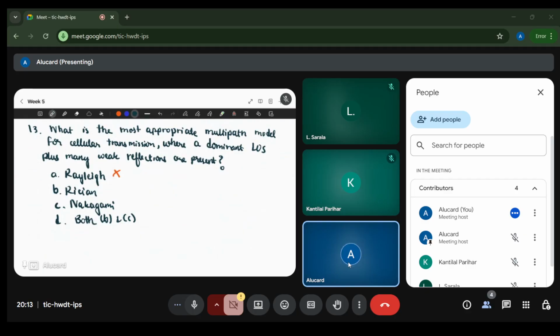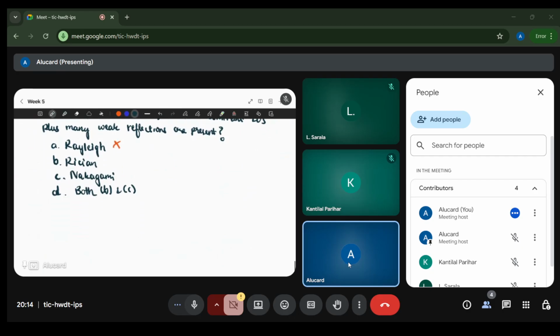Are there any restrictions on the line of sight component for Rician and Nakagami, or is it okay if the line of sight component is the dominant component? You go and watch the lecture videos.